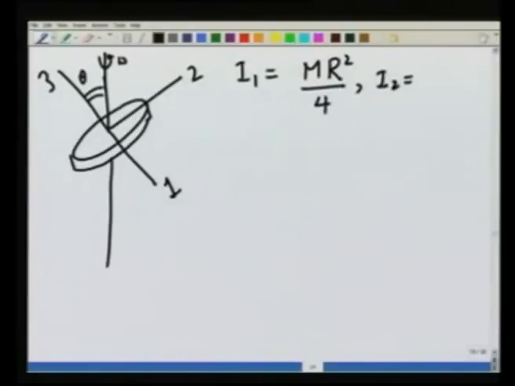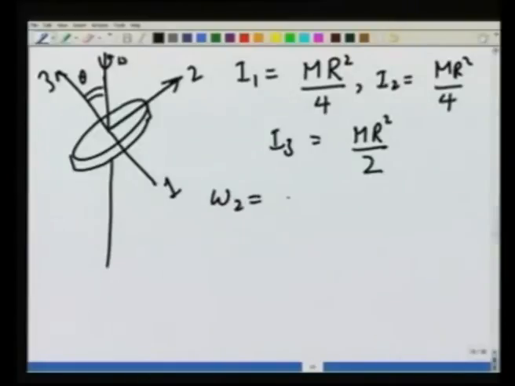I2 is also going to be m r square over 4, and I3 is going to be m r square over 2. Omega has components at this point in direction 2 and direction 3. Omega 2 is equal to omega sine theta, omega 3 is omega cosine theta.